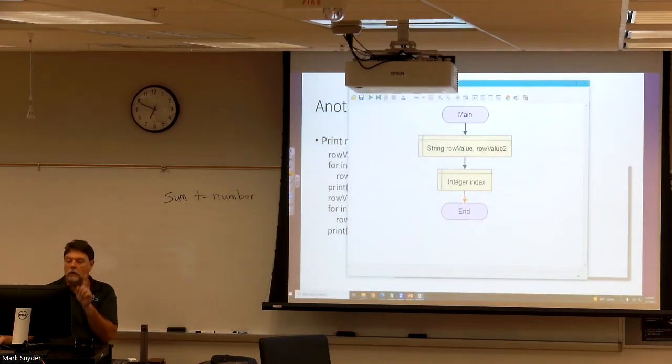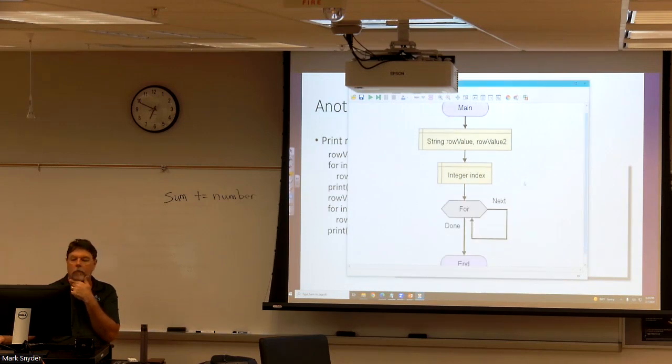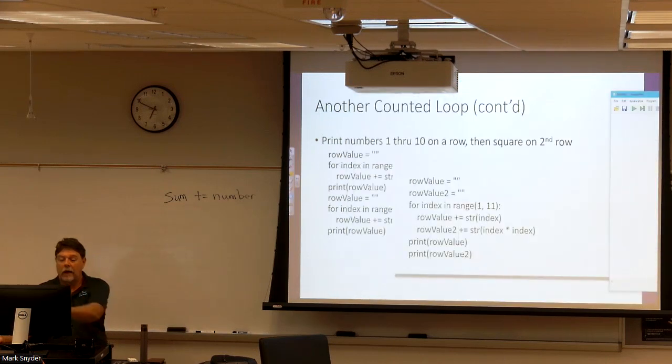And now I get to use the cool for loop over here, the little brown box with the for loop in it. Yeah, I was struggling with that. But we've already done the hard part, right? I know I want to count from 1 to 10.